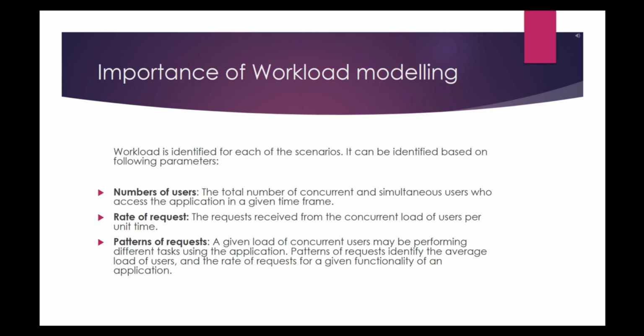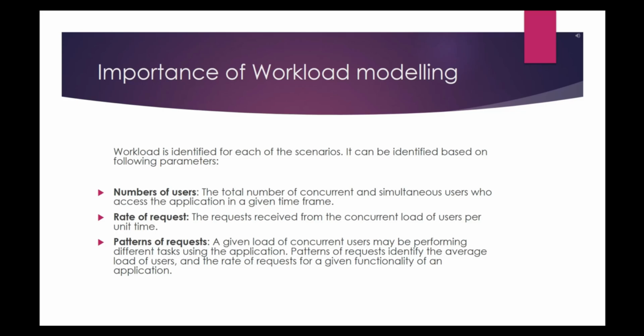Workload is identified for each of the scenarios. It can be identified based on the following parameters. Number of users. The total number of concurrent and simultaneous users who can access the application in a given time frame. Rate of request.